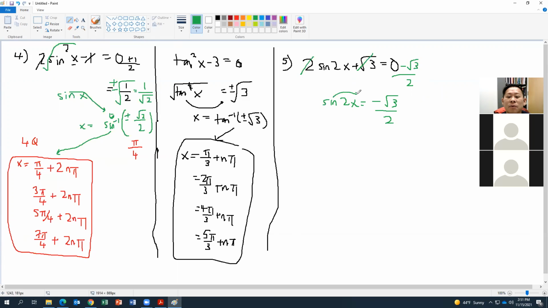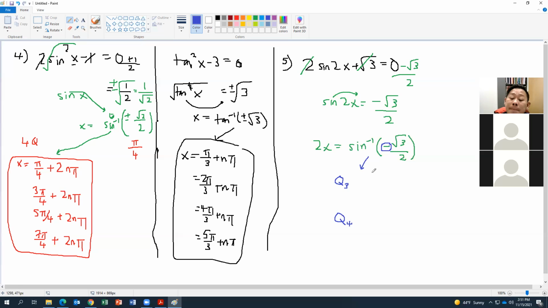Okay. So you move the sine over, so you become the arc sine of it. Can someone tell me what angles give us root 3 over 2? If you look at your unit circle, this is supposed to be found in quadrant 3 and also quadrant 4, because sine is negative in these 2 quadrants.